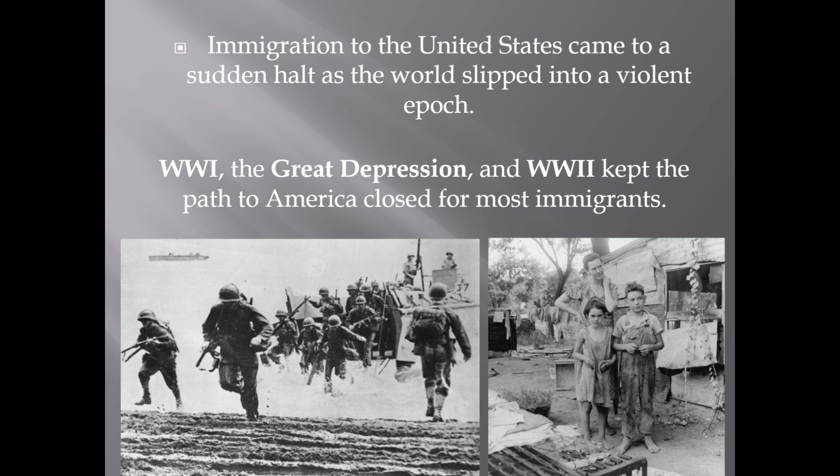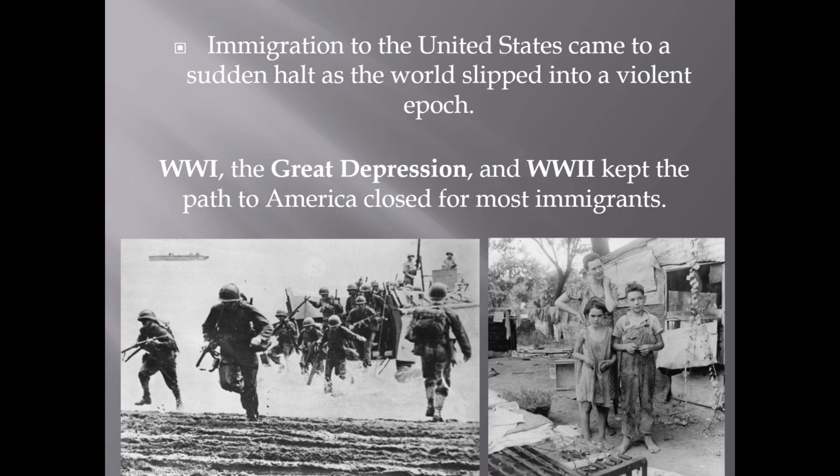The Great Depression occurs during this era of the 1920s and 30s, and the economy tanked, and so suddenly the U.S. wasn't nearly as desirable as it had been previously. And then, after the Great Depression, World War II hit, and that kept the path to America closed for a lot of immigrants. Wars are going on, so we're not really accepting people into the country. The economy is very bad.